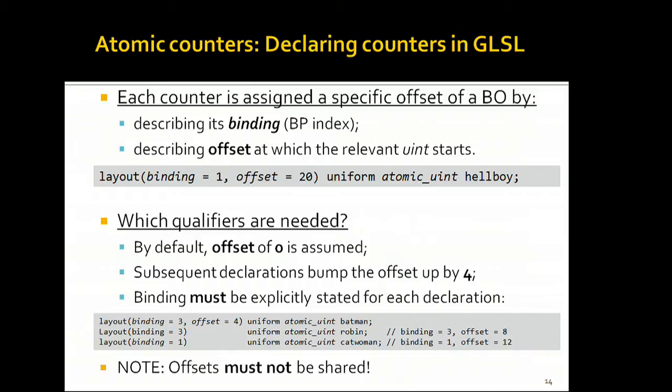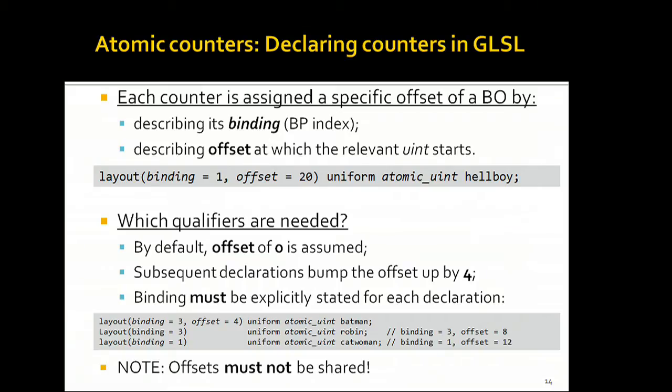If you looked at atomic counters from the GLSL perspective, you would notice a few new things. First, there is new syntax that you use to declare atomic counters. Your atomic counters are uniforms, but you also have to qualify them using layout qualifiers. There are 2 properties you should always keep in mind when defining and accessing atomic counters: binding and offset.